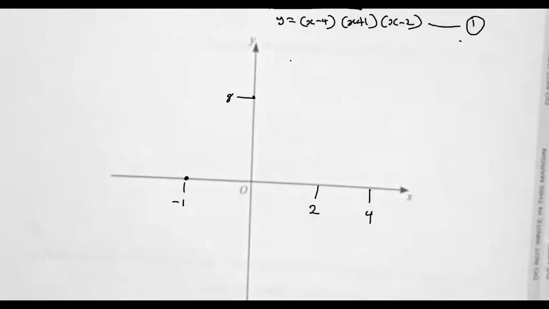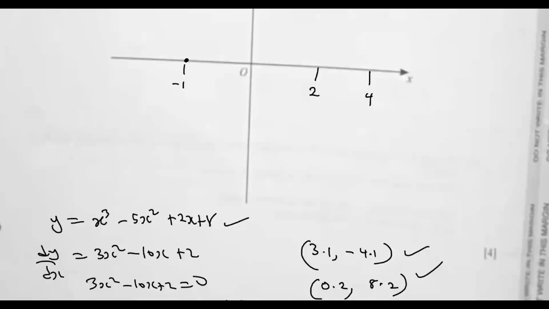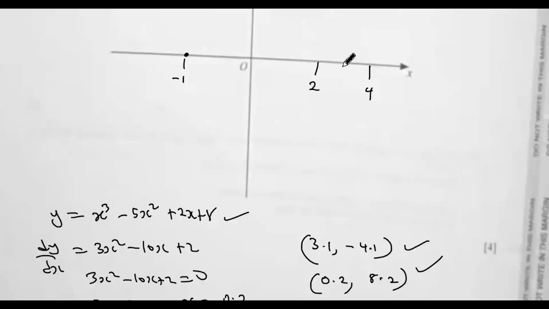There will be a point here. The second one is 3.1, and the corresponding y is -4.1. So 3.1 will be around here, and -4.1 will be down here.